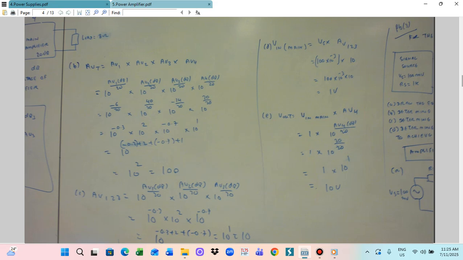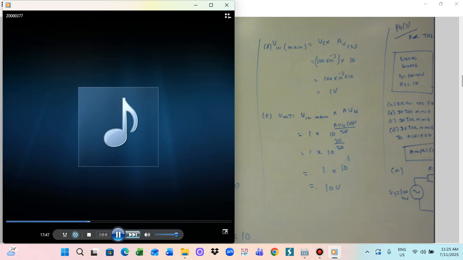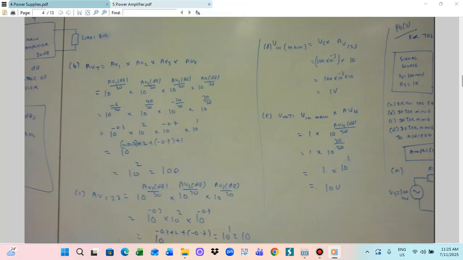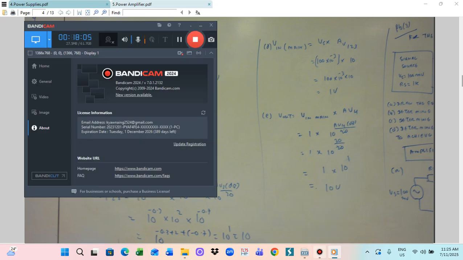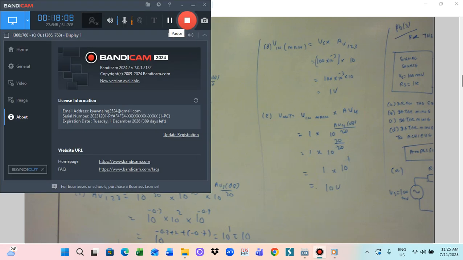So this is 1 multiplied by 10 power 20 by 10, so 10 power 2. That is 1 volt, so this will be 100 volt. And for 20 by 20, this is a 10 volt. So this is how we calculate for the amplifier.